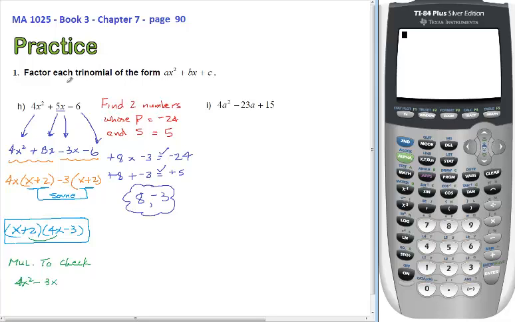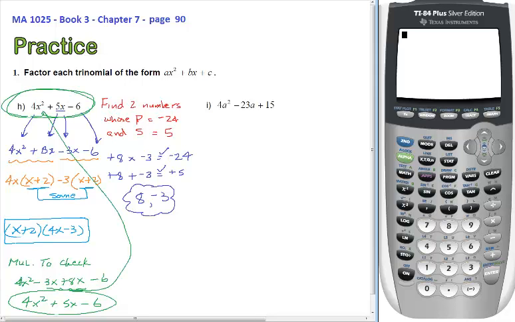Then I'd get 2 times 4x, which is 8x. And I'd get 2 times negative 3, which is negative 6. I add these together, I get 4x squared plus 5x subtract 6. Exact same trinomial I have up here. So I know my factors are correct.